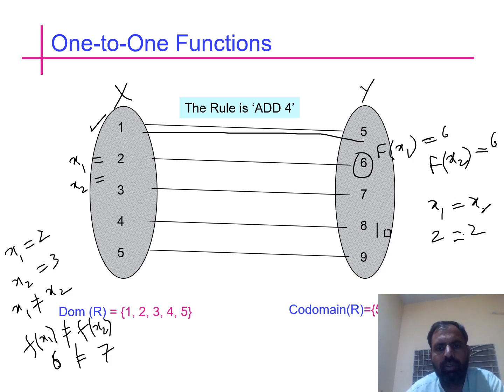Usually students say that the first set X is the domain and this is the range. It's wrong. This set is the codomain, and the range is a subset of the codomain, whether a proper subset or an improper subset.